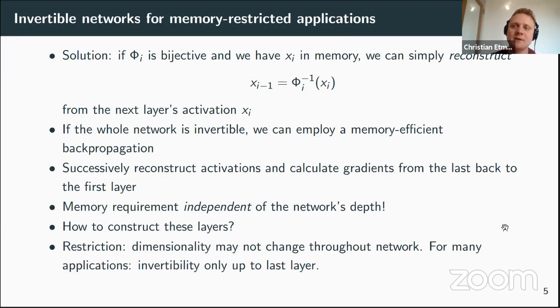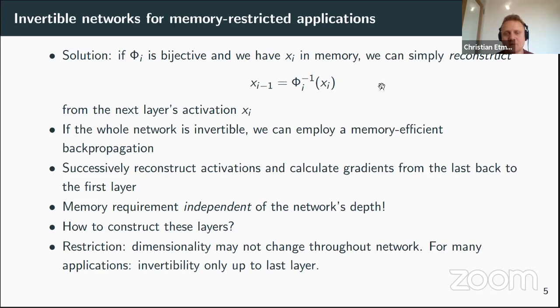We just need to keep actually one activation in memory at a time, plus some additional possible memory overhead for computing all of the intermediate values, such as, of course, calculating this, for example, also takes some memory. But in theory, at least, the memory requirement should be independent of the network's depth.